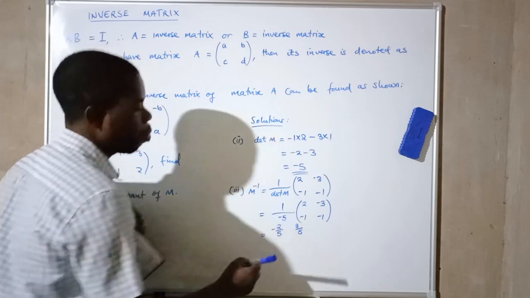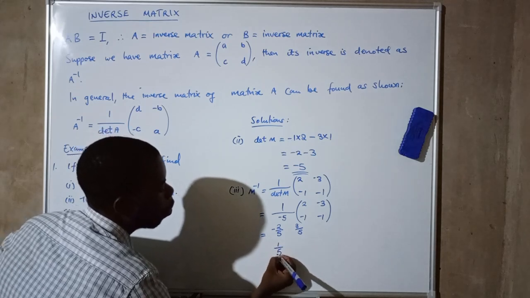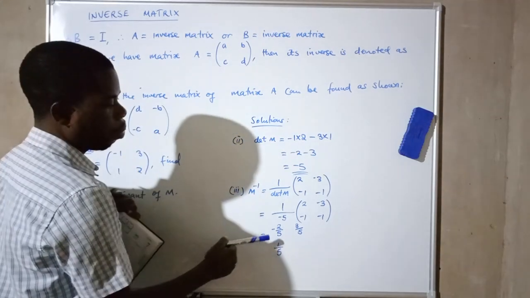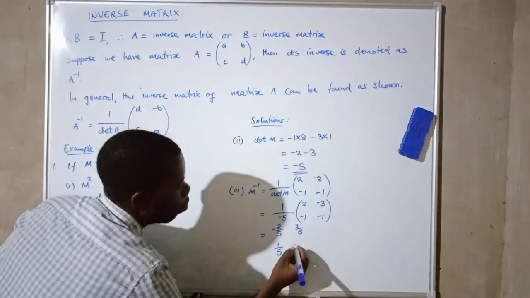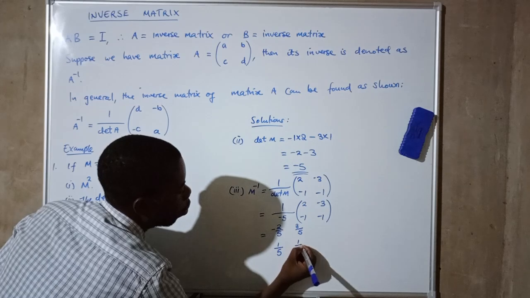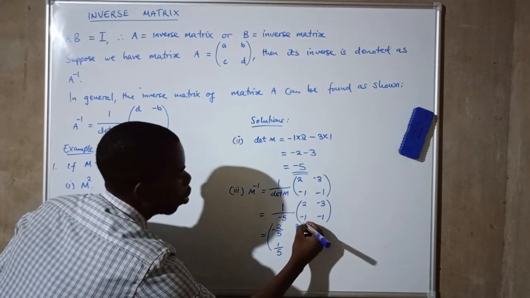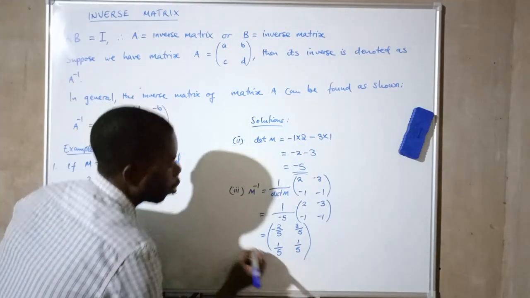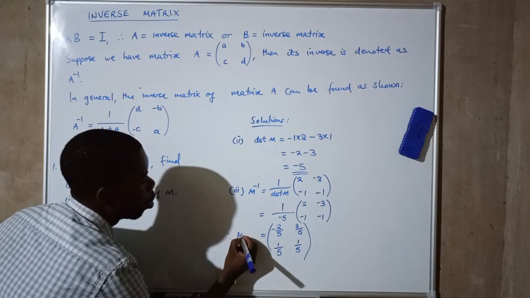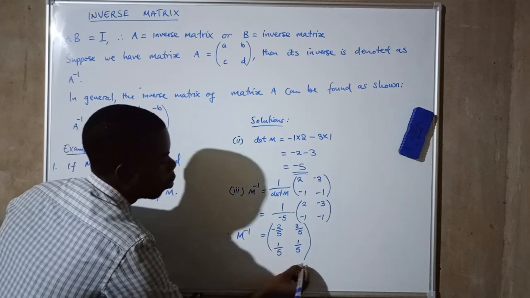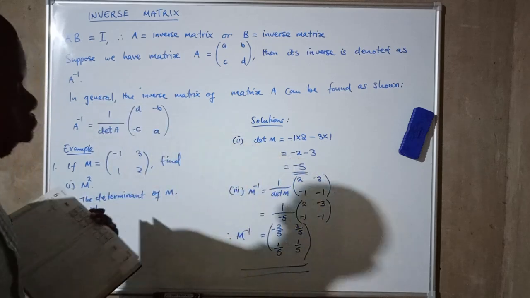So you have now 1 over 5. Okay? The same, 1 over negative 5 times that negative to be the same 1 over 5. Therefore, this will be the inverse, like that.